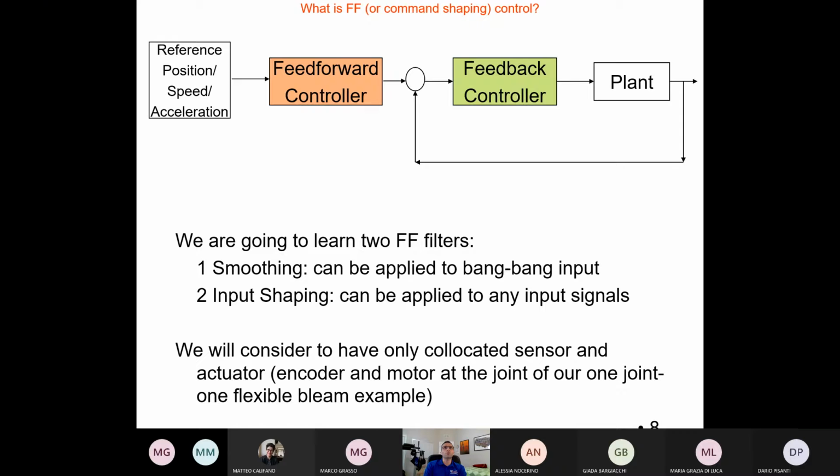And so you filter that through some feed forward controller, something that, in fact, we're calling filters, something that modifies the reference, the desired ideal rigid signal, to make it aware of the fact that things are actually not rigid, and I have a model to represent the flexibility. And then if you want, you could have a feedback controller that would make things a little more elaborate, but we're only going to see feed forward, so this would not be there, not even the feedback here.